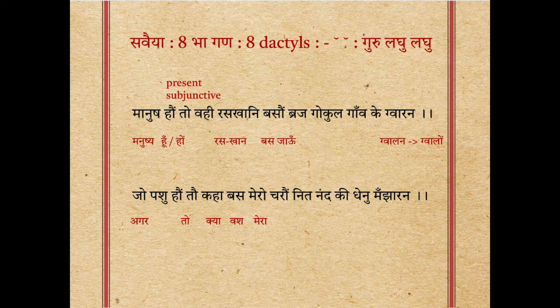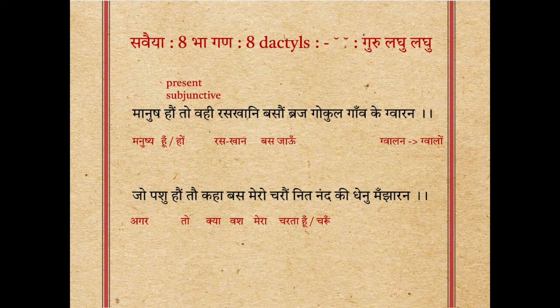What control do I have? Charao also is in the first person present subjunctive, from char, to graze, so we could translate that into modern Hindi as either charata hun or charao, I shall graze. Nit, continuously, sada. Nanda Krishna ke foster father ka naam hai.